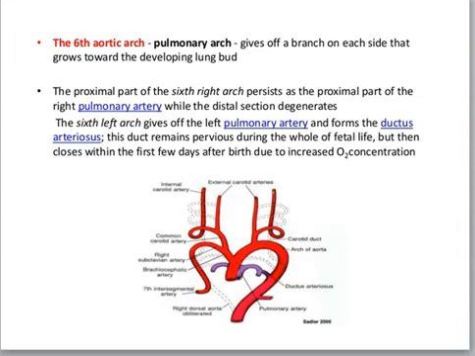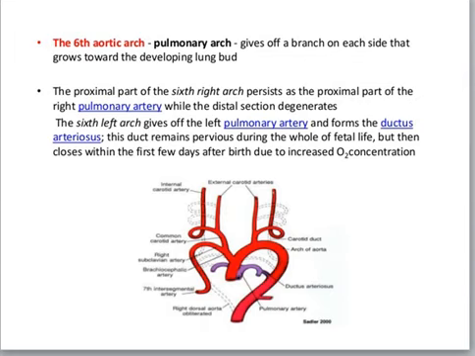The sixth aortic arch, also called the pulmonary arch, gives off a branch on each side that grows towards the developing lung bud. The proximal part of the sixth right arch persists as the proximal part of the right pulmonary artery, while the distal section degenerates.